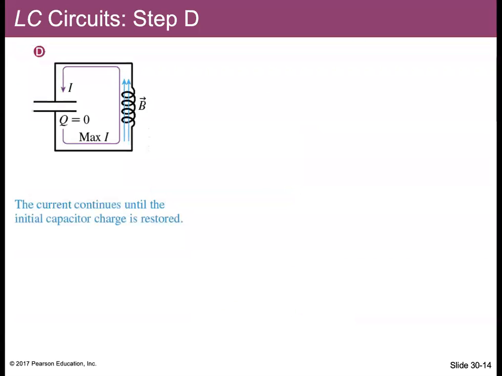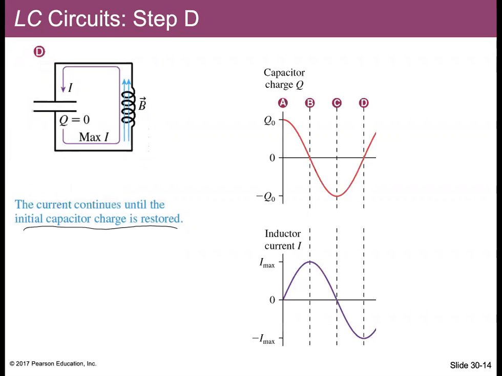So now in the next step, the current is going in the opposite direction, and it will again continue until the capacitor charge is restored back in the opposite direction. So in this case, we're now at point D, and at point D, that's where the charge is now 0.